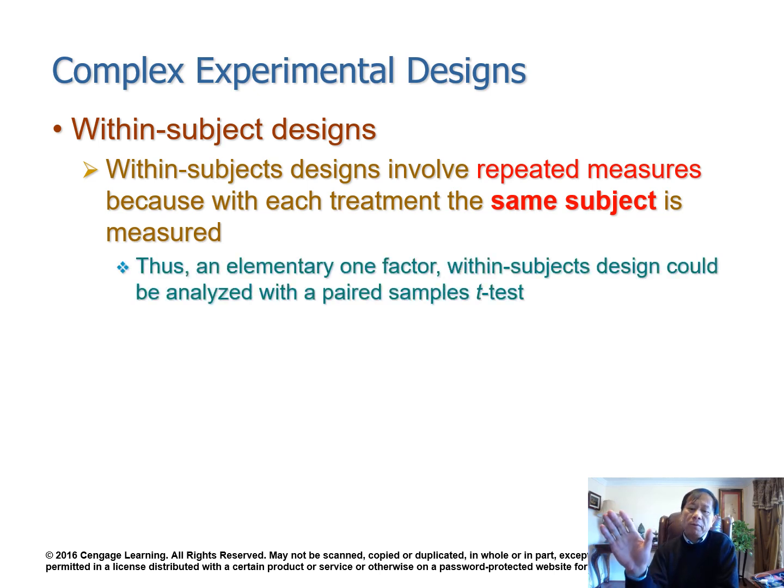They put the same group of people, like the example I gave you, purchase intention on lighting and color of the room, under different colors of room or different lighting conditions. An elementary one-factor within subject design could be analyzed with a paired samples t-test.